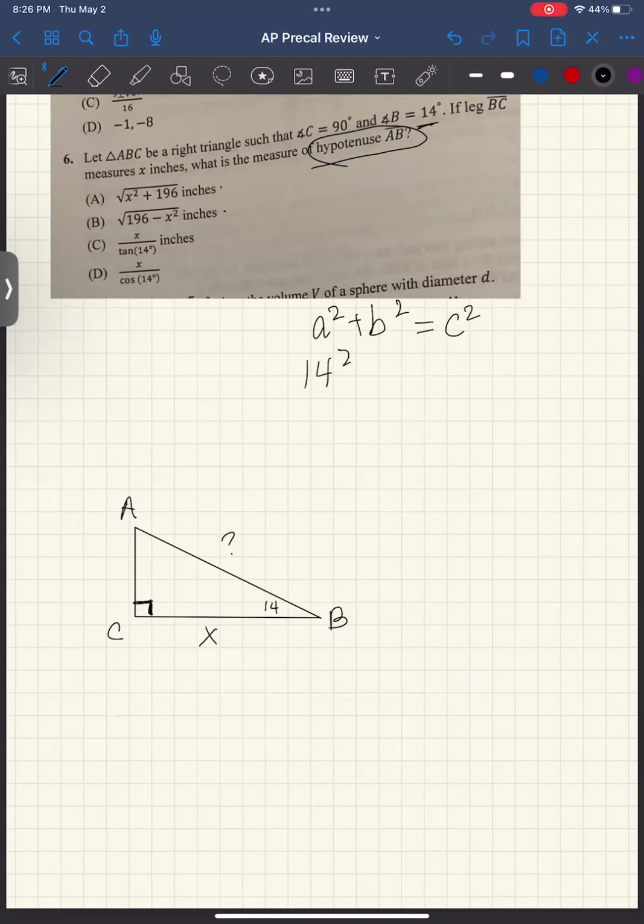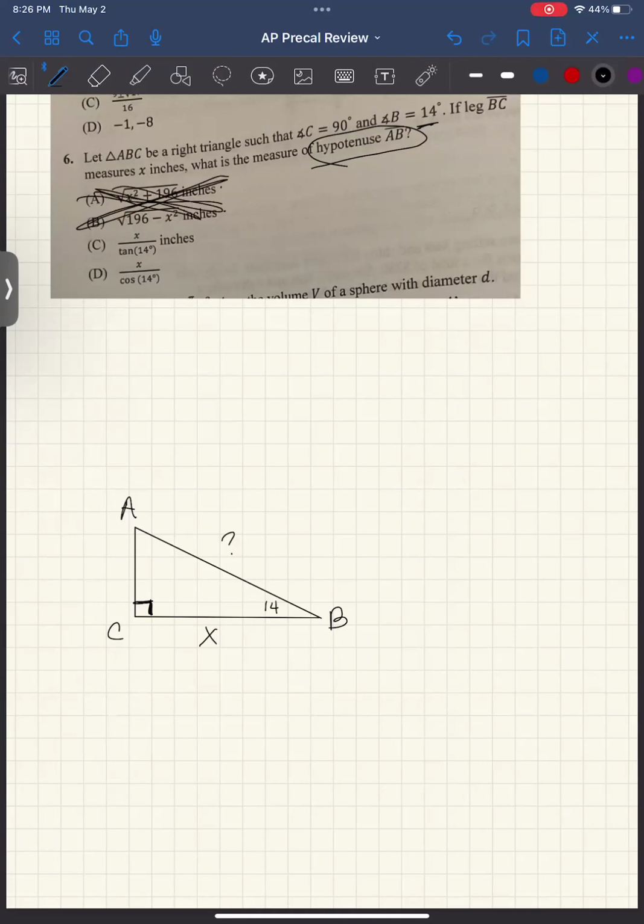They're saying 14 squared plus x squared equals c squared, and that 14 squared is 196. But I cannot use an angle measurement in order to calculate a side length. We agree with that? So options A and B are eliminated.